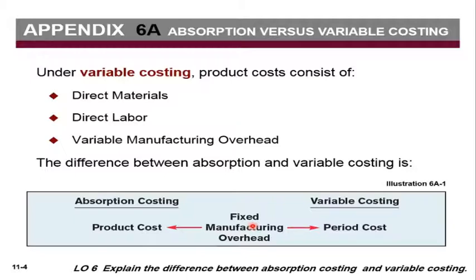So fixed manufacturing overhead cost is considered product cost or inventoriable cost in absorption costing, but we don't consider it product cost in variable costing. We consider it period cost there.